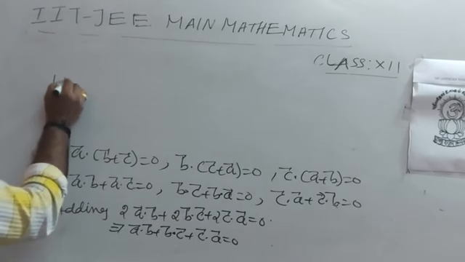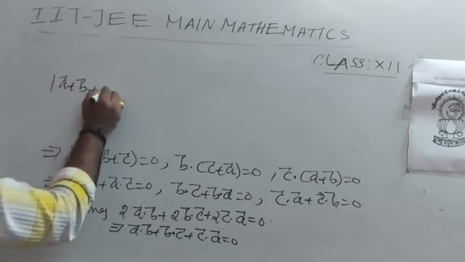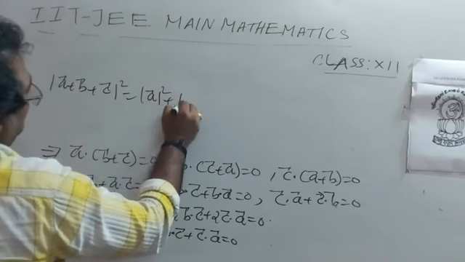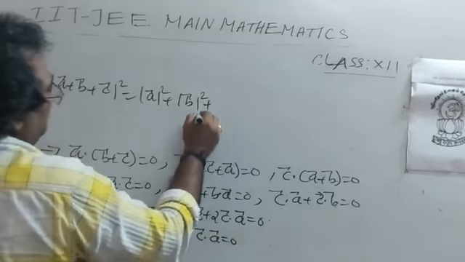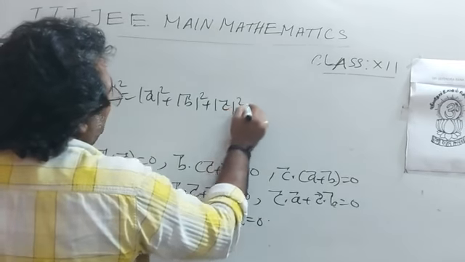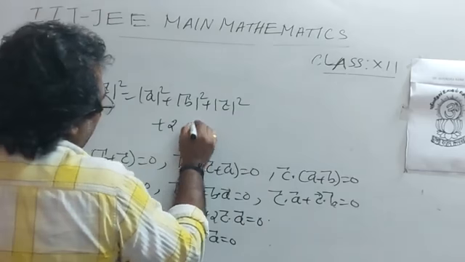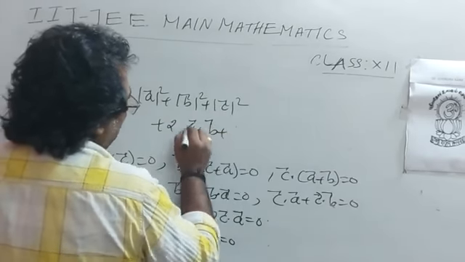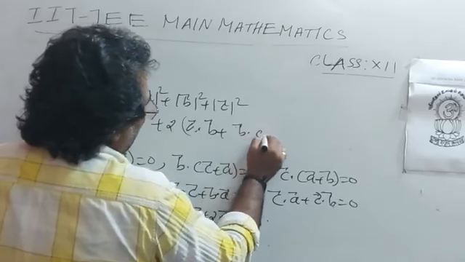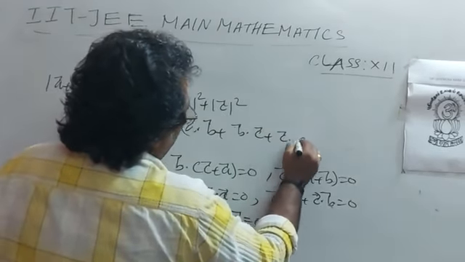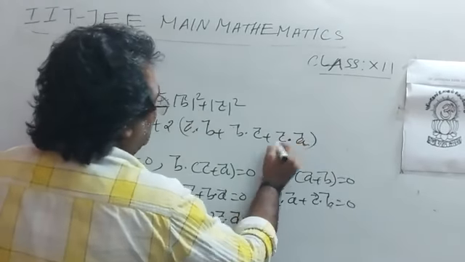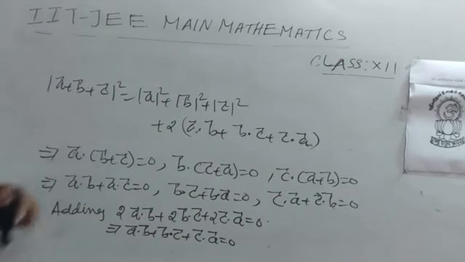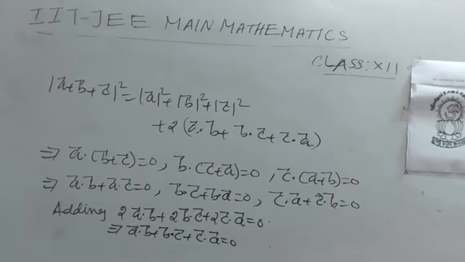So modulus of a vector plus b vector plus c vector, the whole square, equals modulus a squared plus modulus b squared plus modulus c squared plus twice a dot b plus b dot c plus c dot a. Just the formula for a plus b plus c whole square.